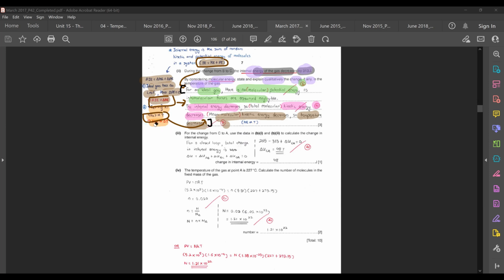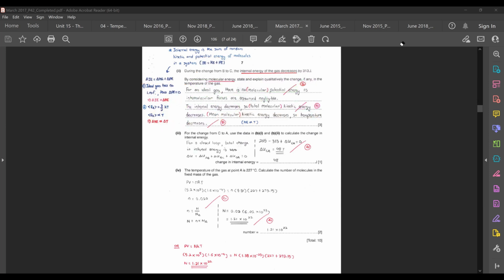All right, then after that, I'll move on to part 3. Now in part 3, for the change from C to A, use the data from B1 and B2 to calculate the change in internal energy.